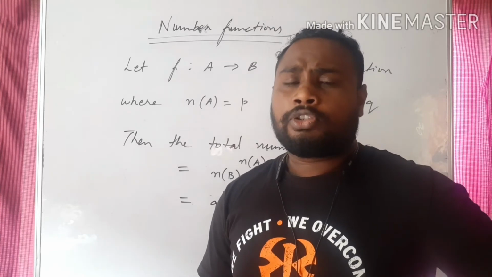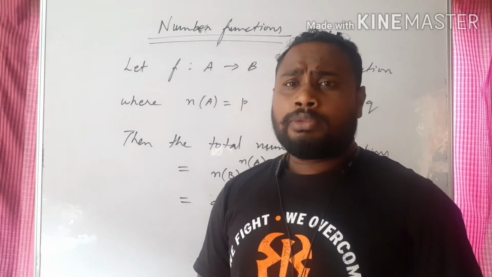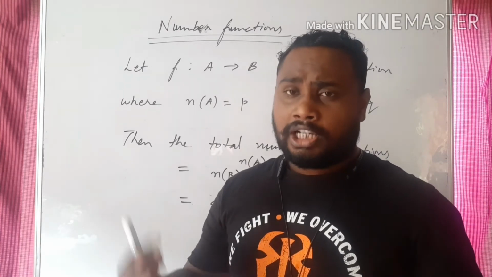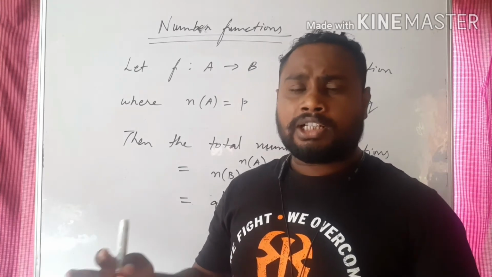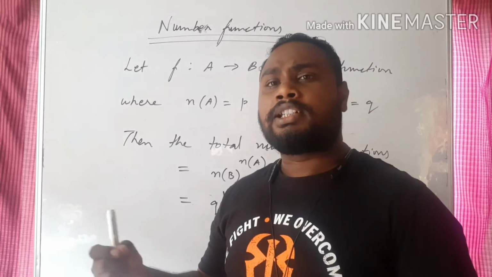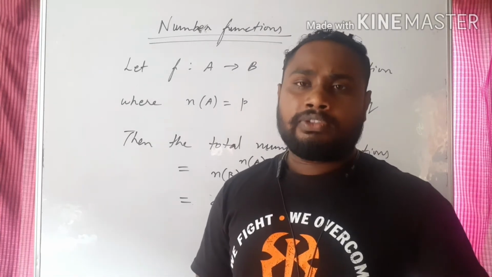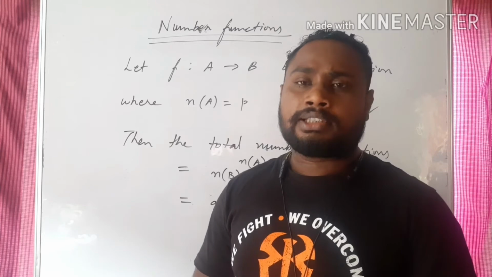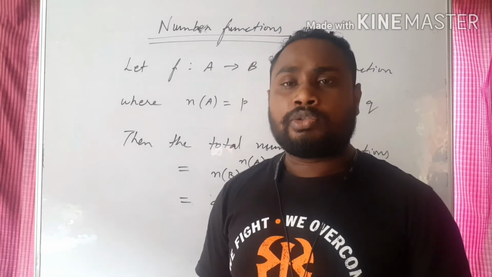In order to know those things, we will be dealing with the cardinality of A and the cardinality of B. If the cardinality of A is less than the cardinality of B, then the conditions will be different, and if the cardinality of A is greater than the cardinality of B, then the conditions will be different.